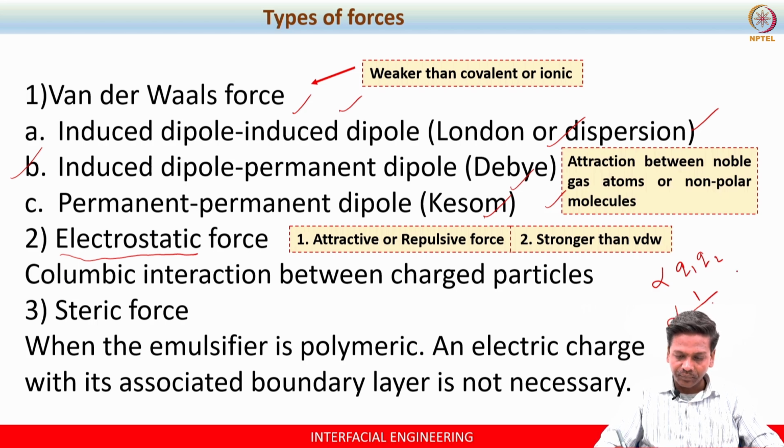So from Coulomb's law, we know it is q1 q2 by r square. It depends on the distance as well as on the magnitude of the charge. So that we know.